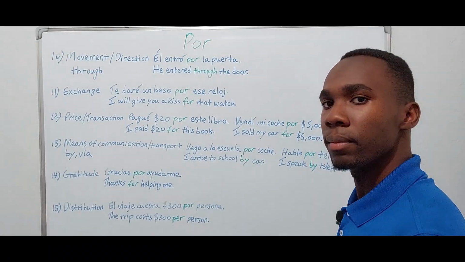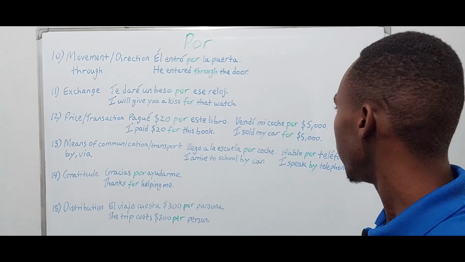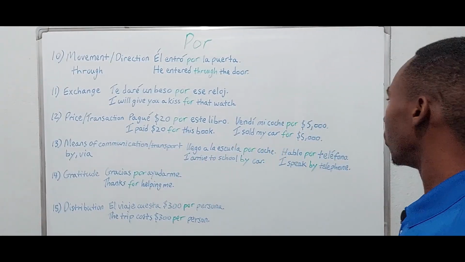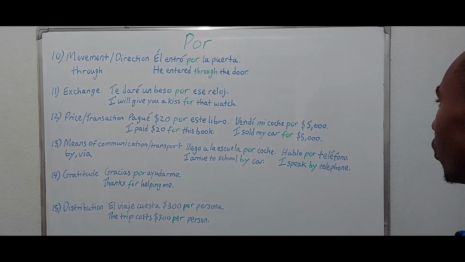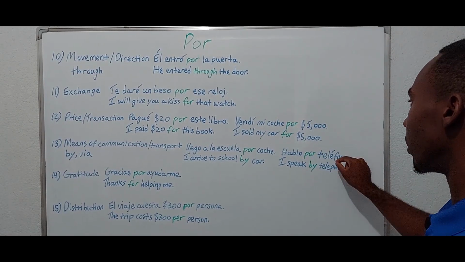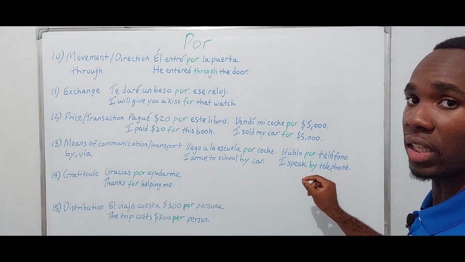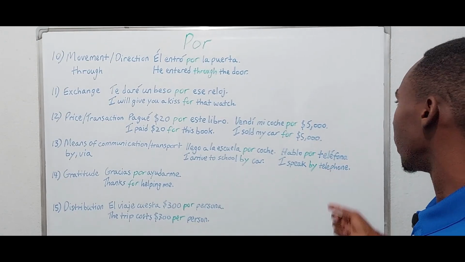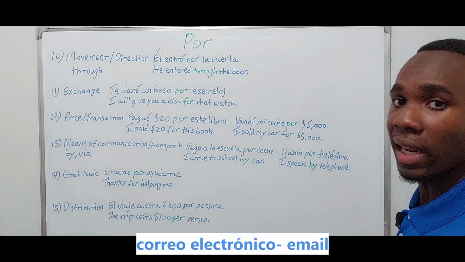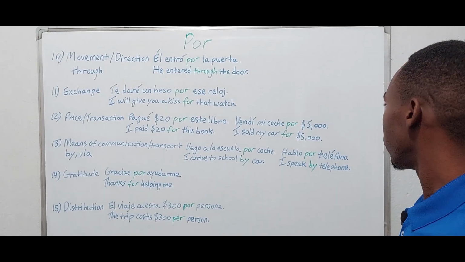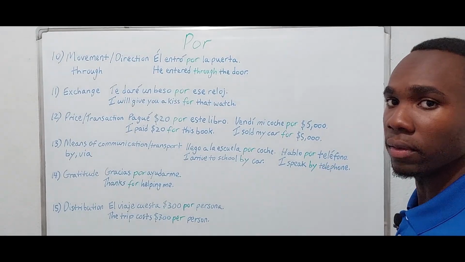By car, right? Similarly, when it comes to communication, hablo por teléfono. So we use por, and then we're going to mention the mode of communication. In this case, I use teléfono, telephone. I could say por correo electrónico, por email, all right? Which would be email.